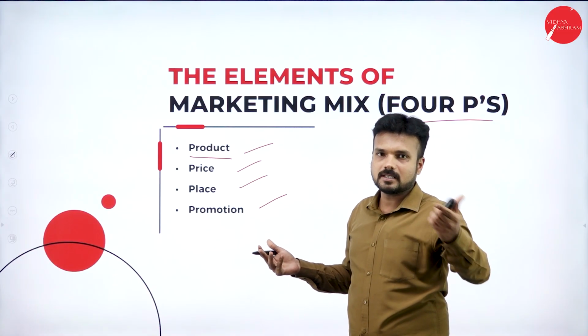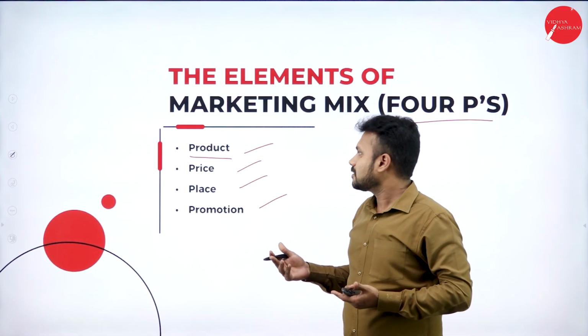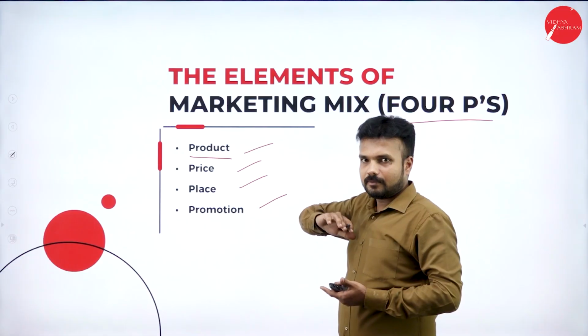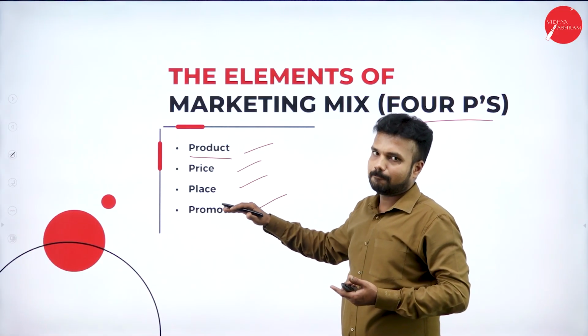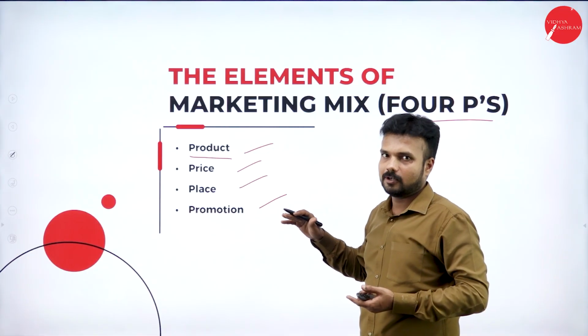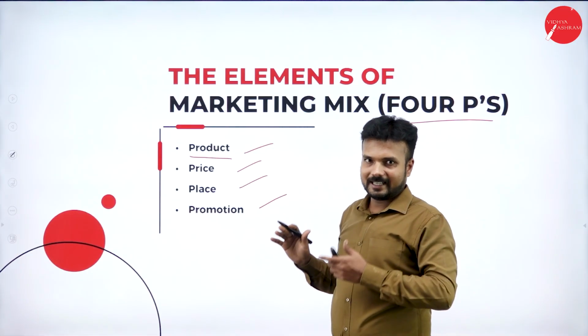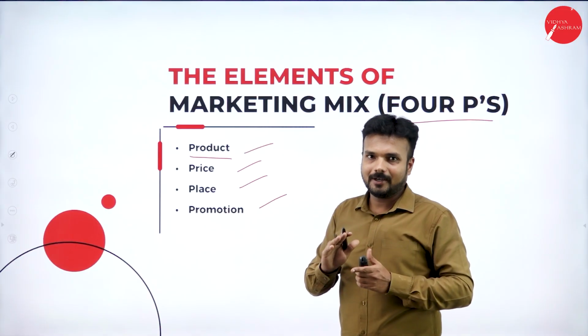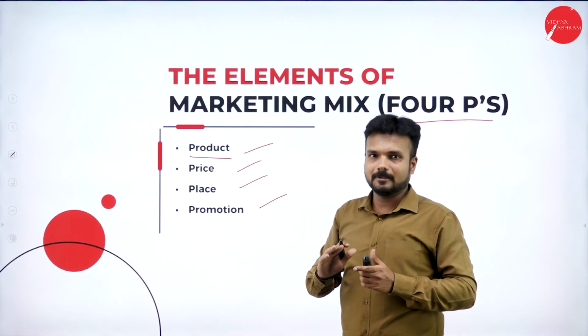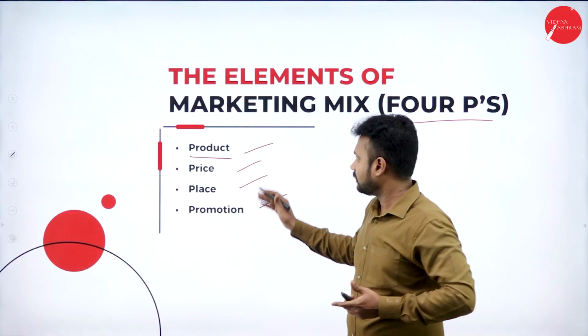Either there must be a service or a product. Without a product, no business can run. So we can say this P is a very important piece of the marketing mix. If it is a business, there must be a product. They are supposed to sell the product to people, or the customers.